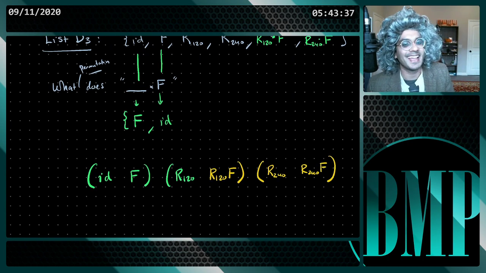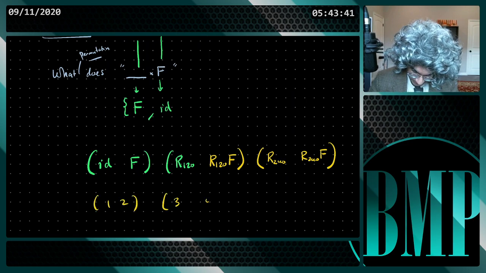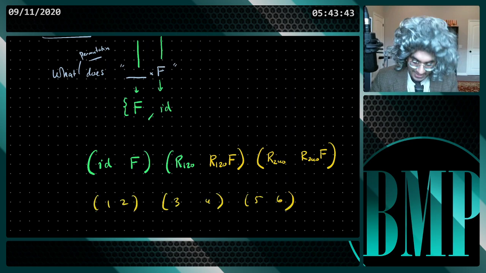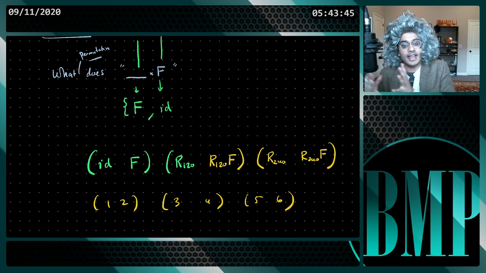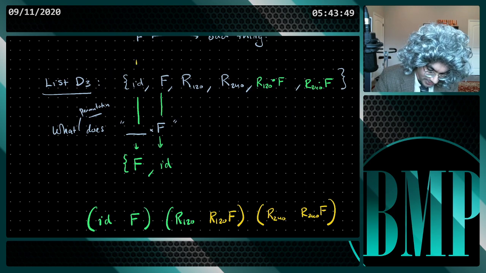Yeah. So look, it's like 1, 2, 3, 4, 5, 6. That's the permutation that multiplication by F on the right does to these 6 symbols.